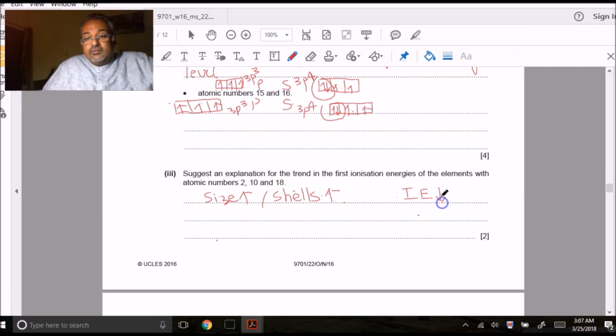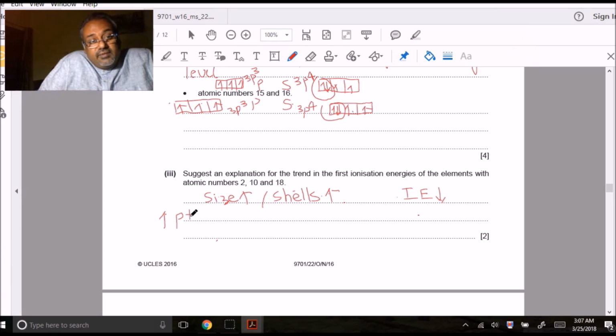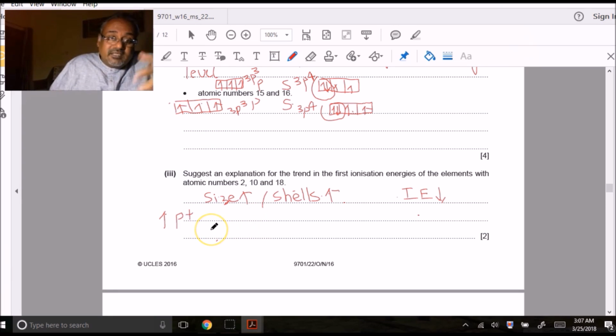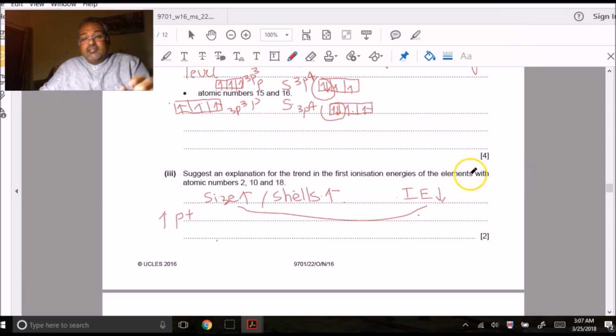But then as you go down, there is also an increase in the number of protons. This is one factor which you must keep in mind. And as the number of protons increases, the nuclear attraction has to increase. Now, what happens is, the nuclear attraction which is increasing is actually overcome or countered by these two factors. So because of that, the ionization energy overall actually becomes less.